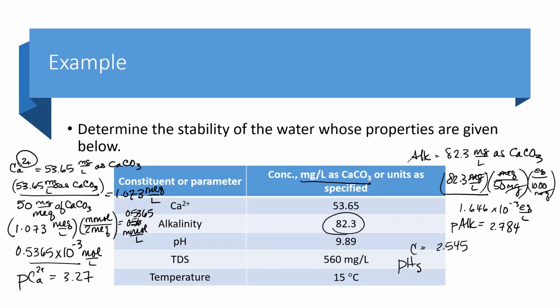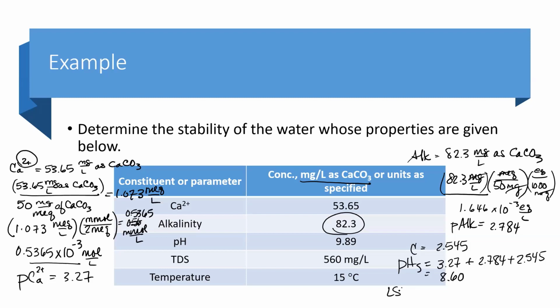That means, and I apologize, if you just give me 1 minute, we finish this. pHs is equal to pCa2+, which is 3.27, plus p alkalinity, 2.784, plus C, and that is equal to 8.60.